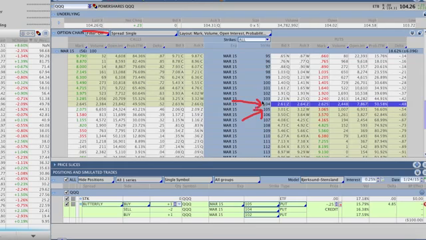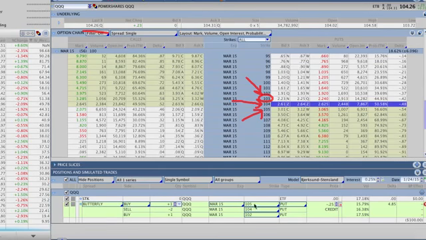Then we skipped over the 103 strike. That's going to be important as we make this adjustment to this butterfly. So we skipped over that 103 strike and bought the 102 strike. That leaves room in here for the 103, 102 embedded spread.